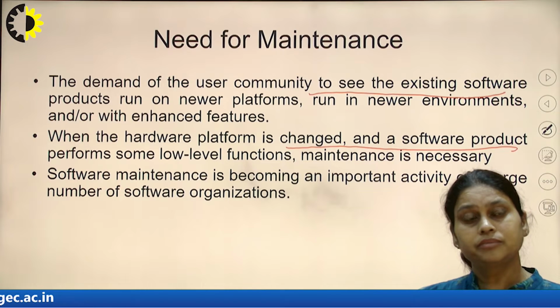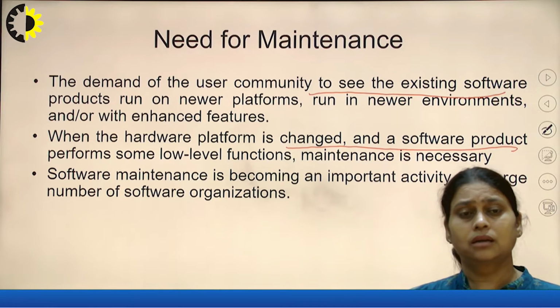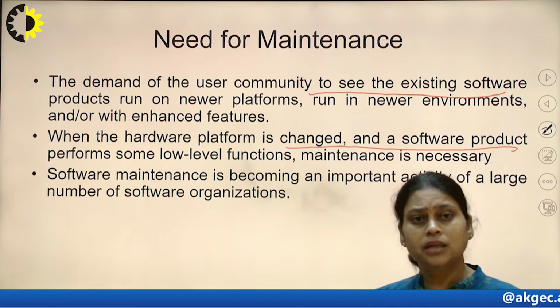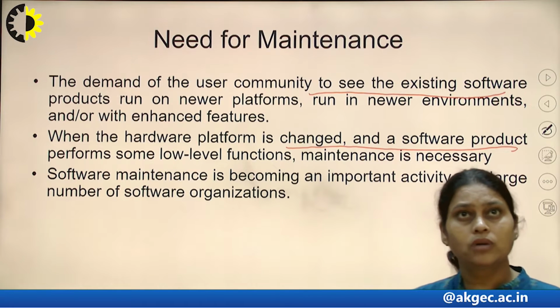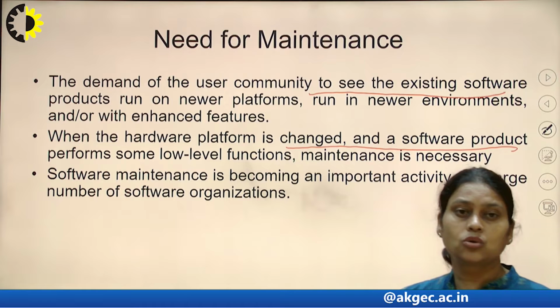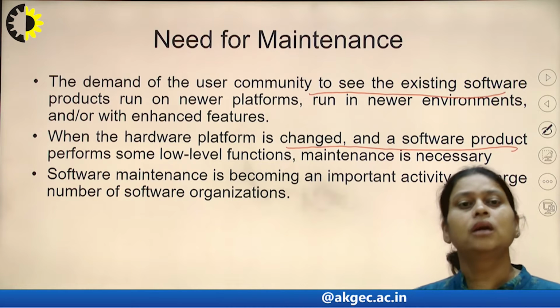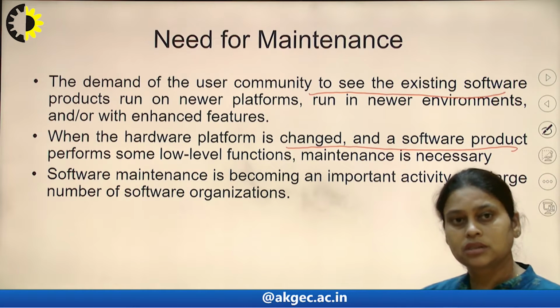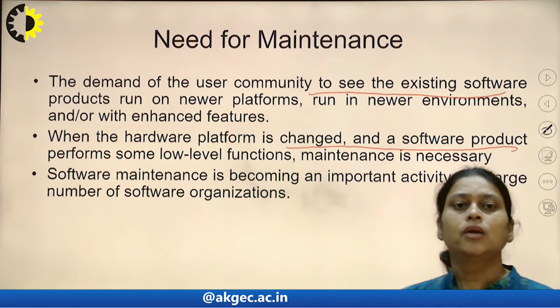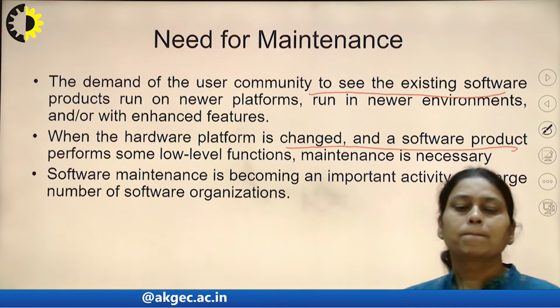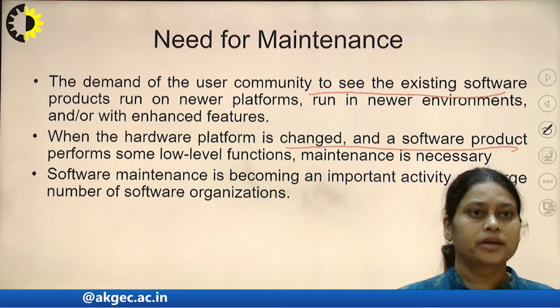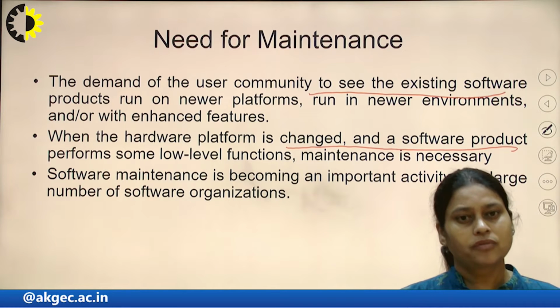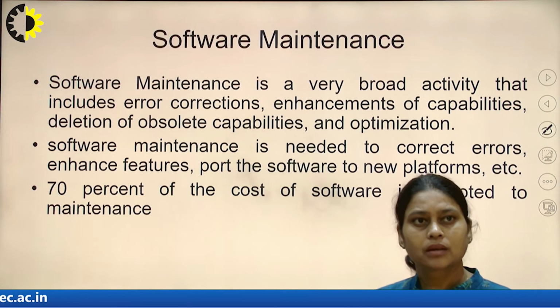Why? Because the software exists in the maintenance phase for around 10 to 15 years. So the cost increases exponentially in the maintenance phase. That's why it is a very important activity of the software development life cycle.